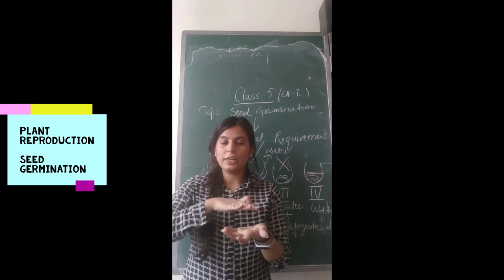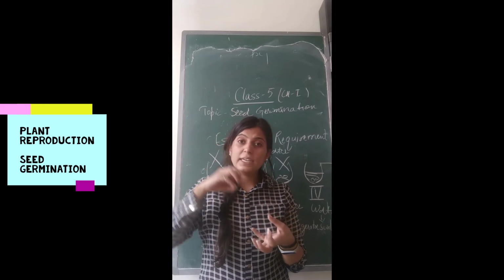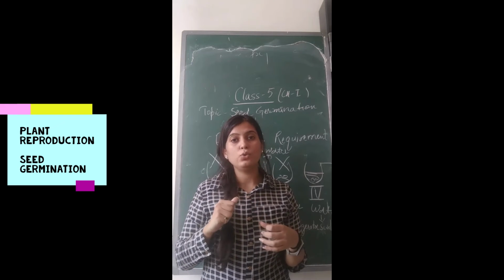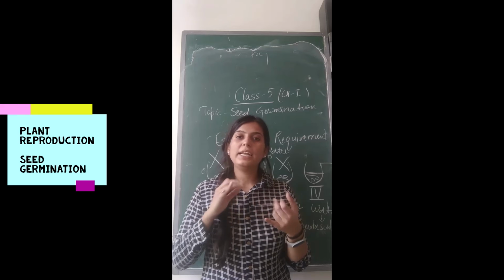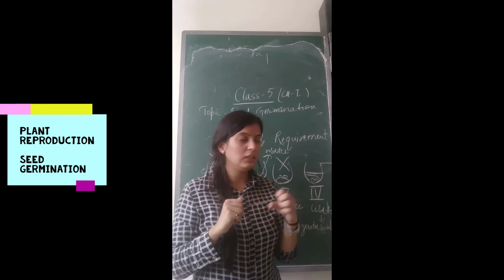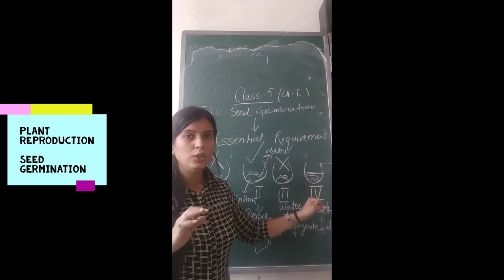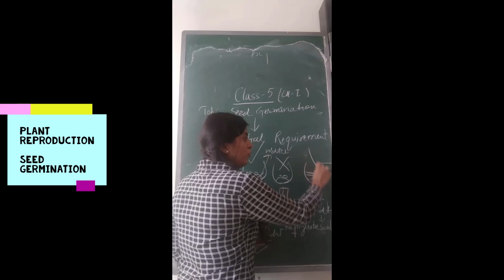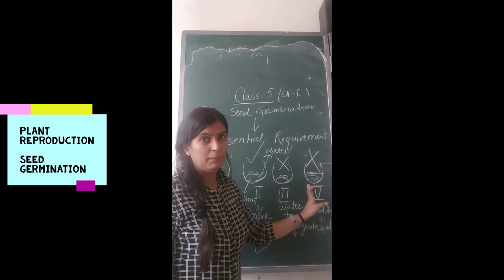When the seeds are filled with water, no air gets to the seeds. They are only getting water and sunlight, so seeds will not germinate. In the fourth bowl, there will be no germination.